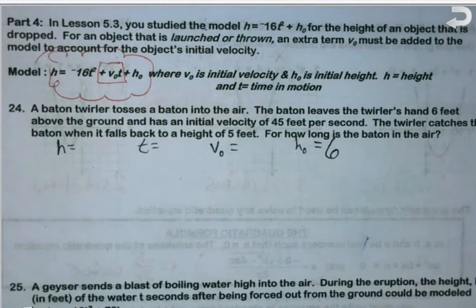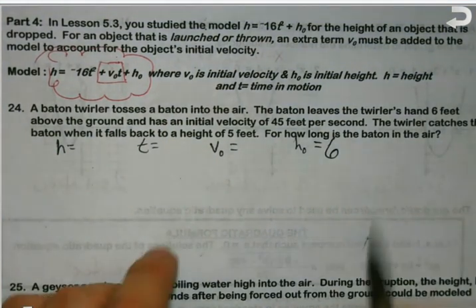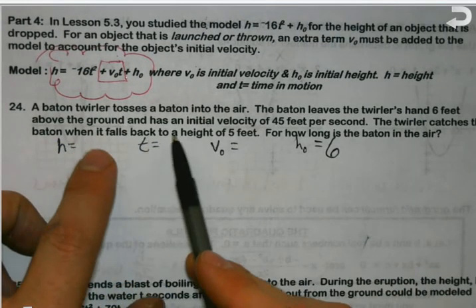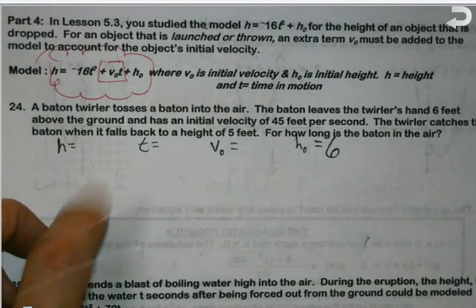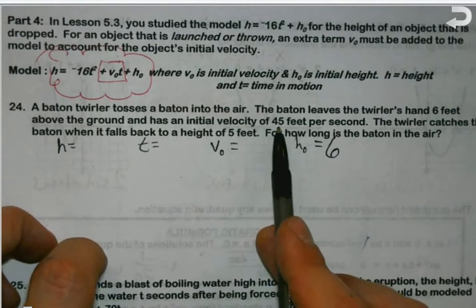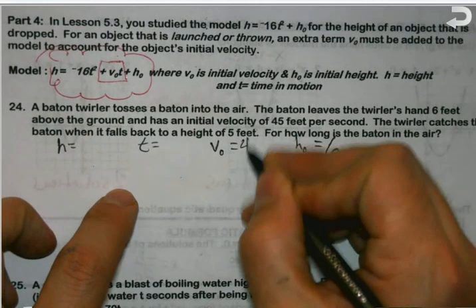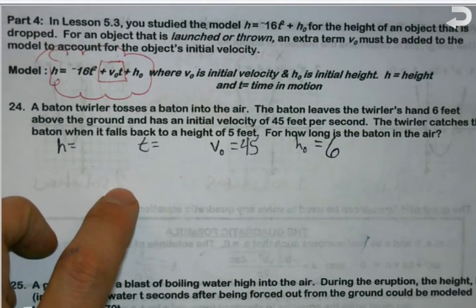So that's my h sub o, because my initial height's where I start. Okay, I got that part. Let me keep reading. 6 feet above the ground and has an initial velocity of 45 feet per second. Where's the 45 go? V sub o, V for velocity.